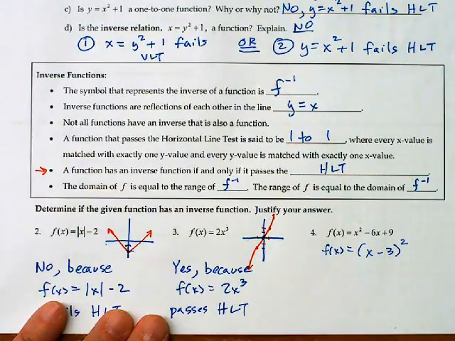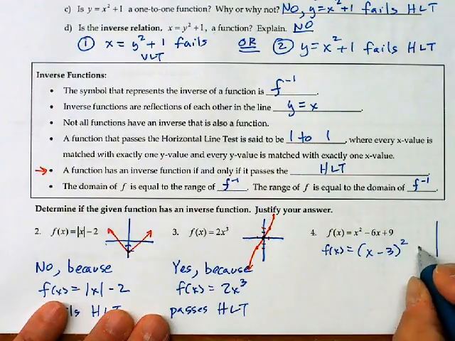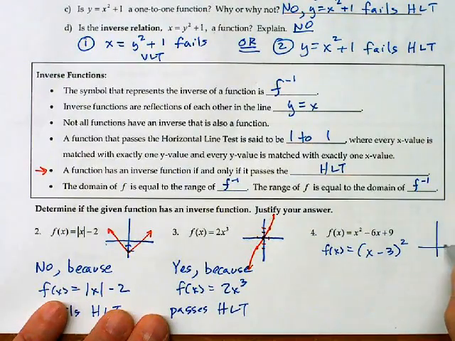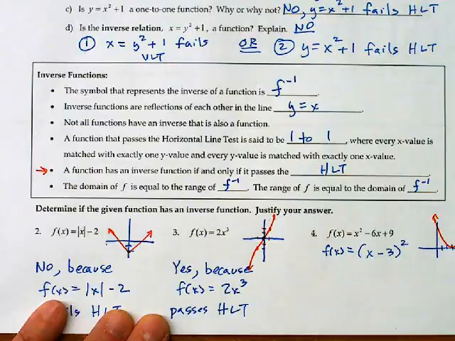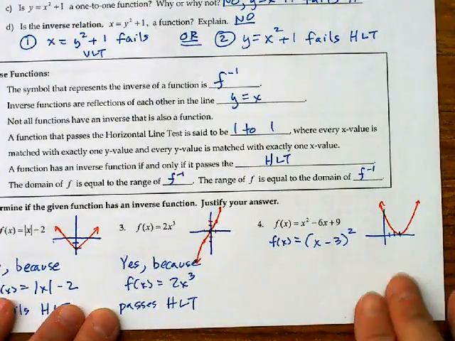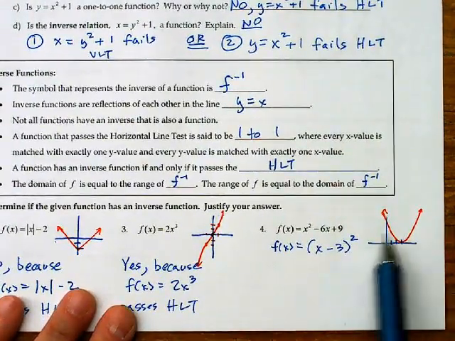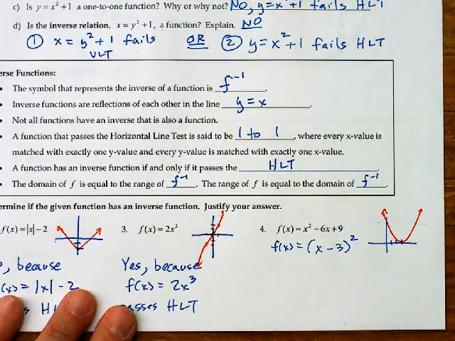We can now visualize a standard parabola graph shifted 3 units to the right, and no matter what direction it shifts, oops, off the page a little bit, we know very clearly my parabola fails the horizontal line test.